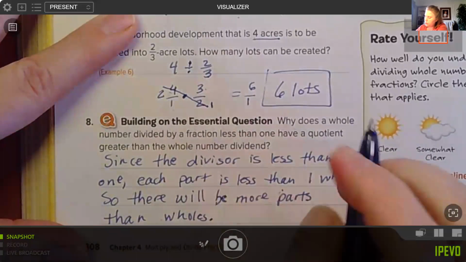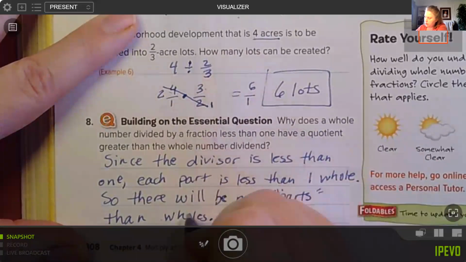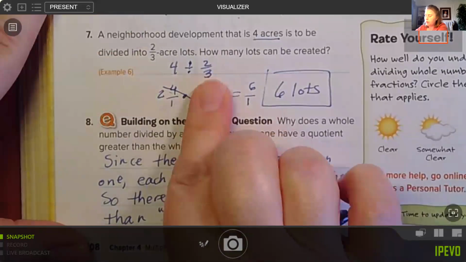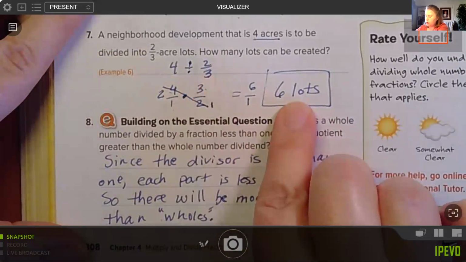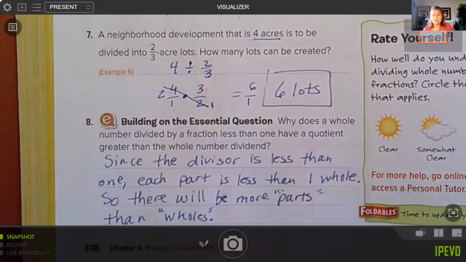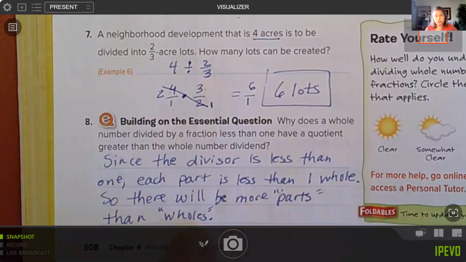These are our pieces. When we're dividing into smaller pieces, we're going to end up with more pieces than we had original wholes. It's like those pumpkin pies. If you're splitting them up into smaller pieces, you're going to have more pieces than you did whole pies, because you're making the portion sizes smaller. It's like sharing or dividing that up.